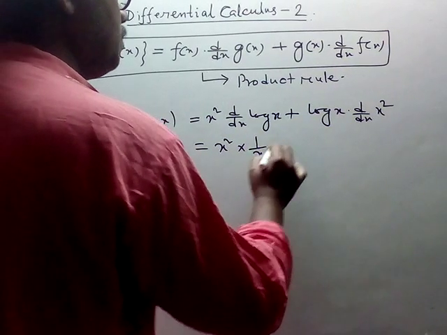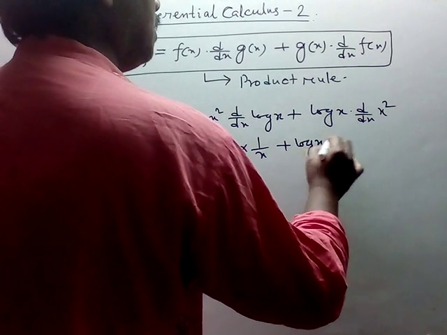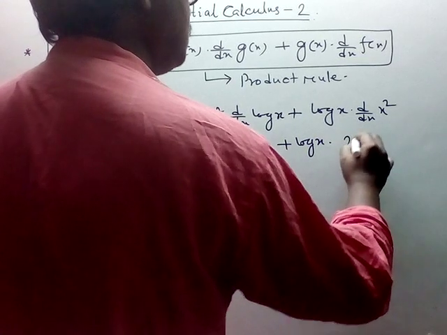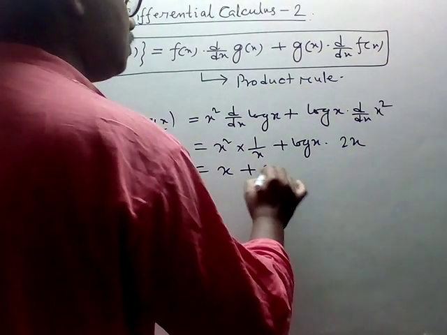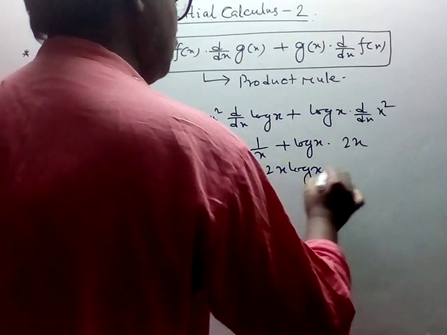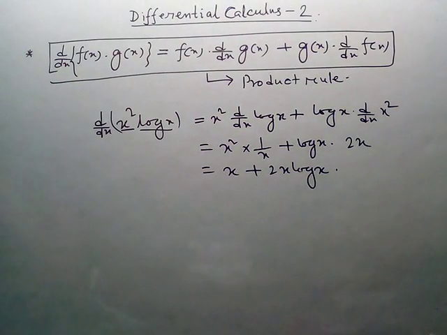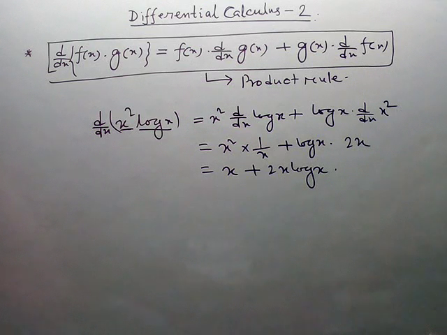The derivative of log x is 1 by x, and log x into the derivative of x square is 2x. Then this equals x plus 2x log x. This is the product rule.